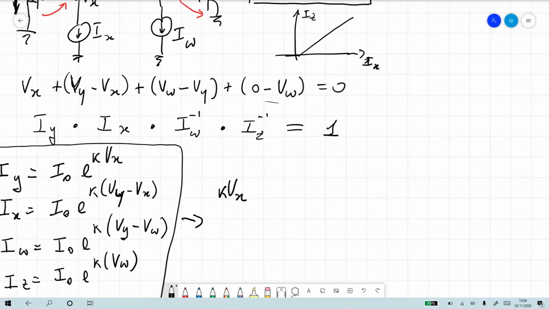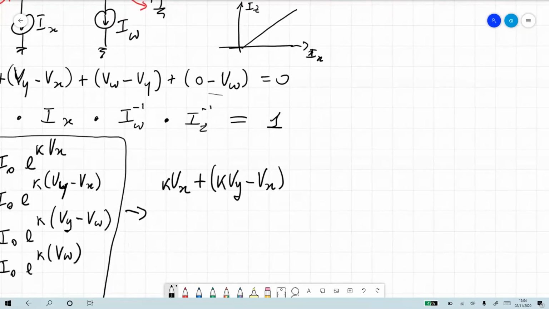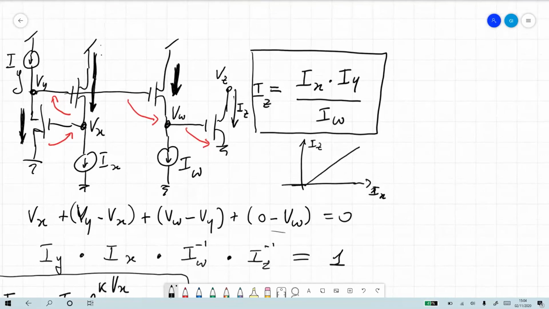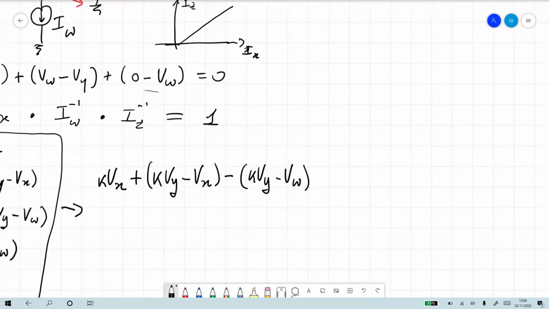So we have to do kappa Vx plus kappa Vy minus Vx. And then of the other one is kappa Vy minus Vw. So it would be minus kappa Vy minus Vw. And finally, of the last transistor is kappa Vw minus kappa Vw. Now, is this equal to 0?